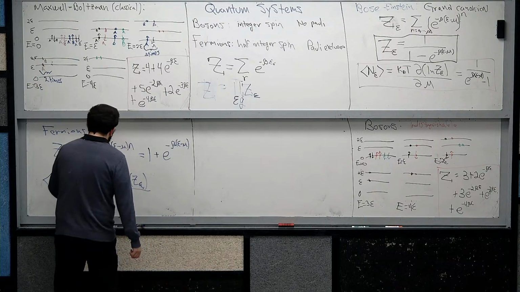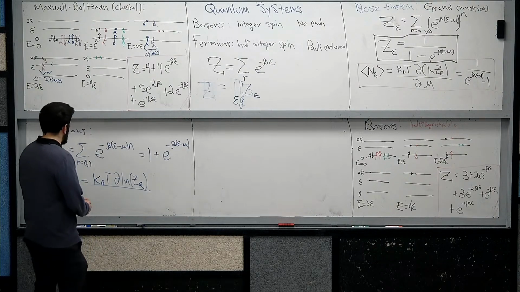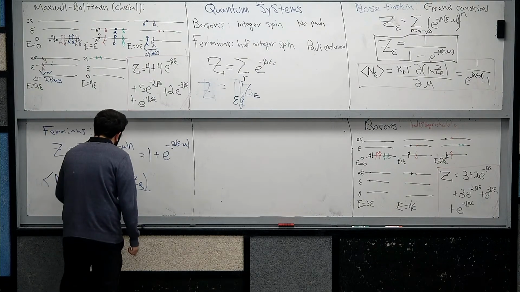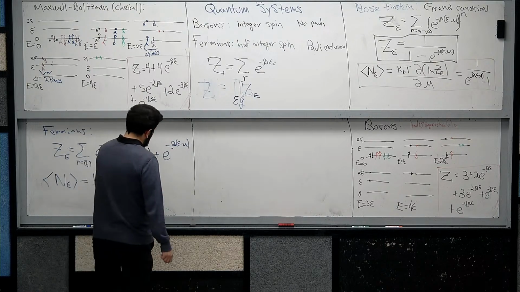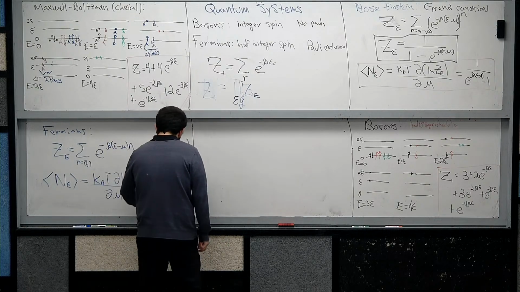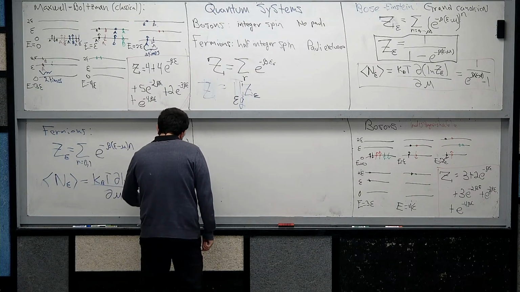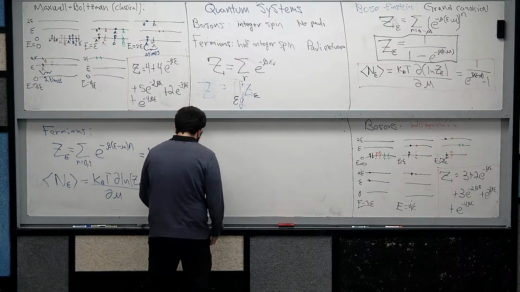Whenever you have the partition function, you can do the bridge with thermodynamics, and then any thermodynamical quantity is very easy to find, just by making derivatives. And this will just be 1 over e to the beta (epsilon minus mu) plus 1.